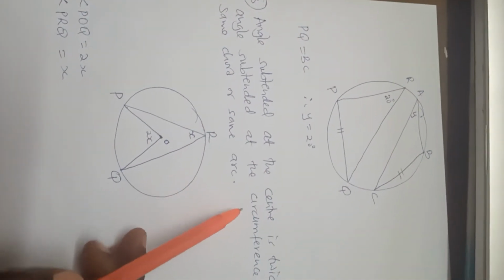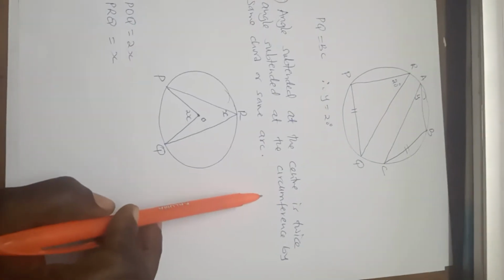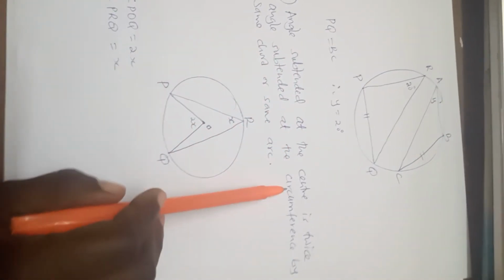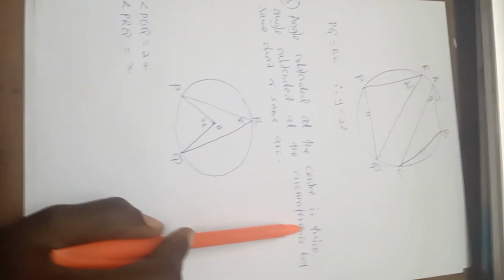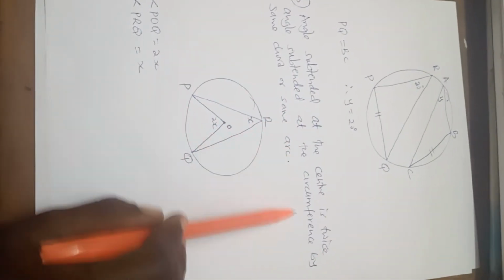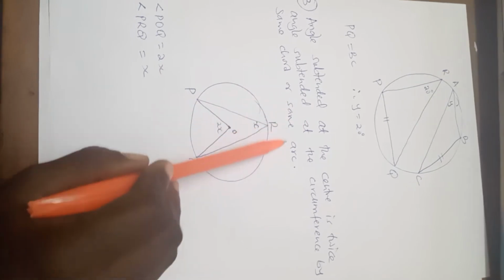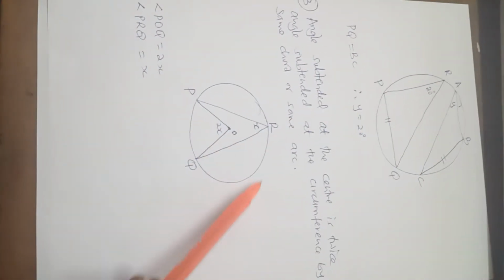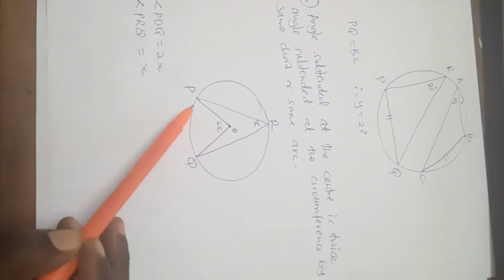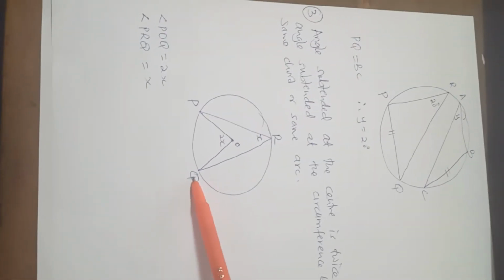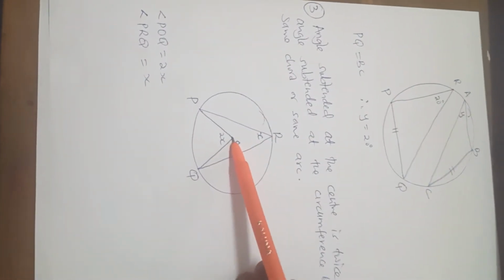Now, the third property of a circle states that the angle subtended at the center of the circle is twice the angle subtended at the circumference of the circle by the same chord or by the same arc. Now, consider this circle. We have the arc PQ, which subtends angle 2x at the center.